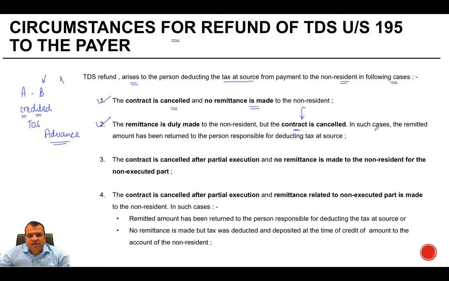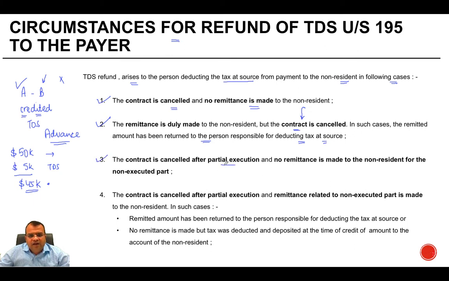In such cases, the remitted amount has to be returned to the person responsible for deducting tax at source. So suppose $50,000 was the invoice amount and A deducted $5K as TDS and remitted $45,000, then this $45,000 should have been returned back to A.